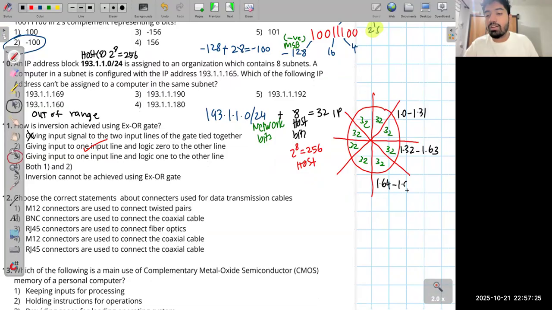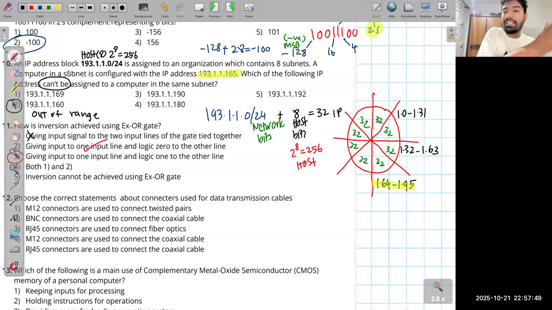1.64 to 1.95. Now, this IP address belongs to this block, the third block, the range 64 to 95. So they're asking which IP address cannot be assigned.